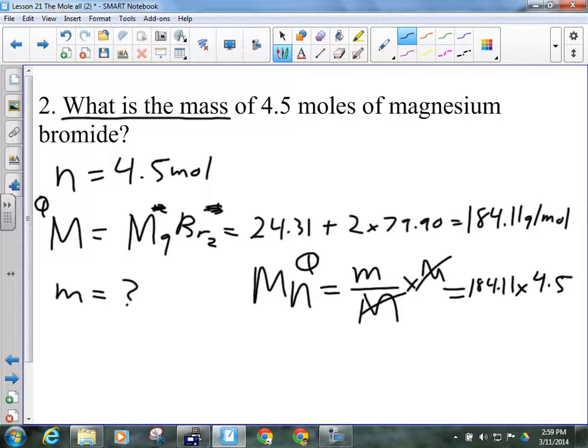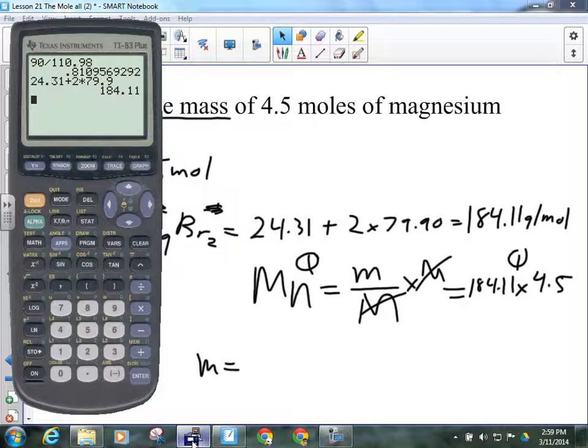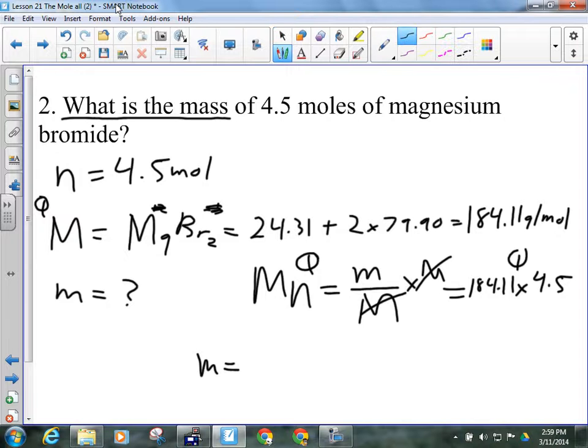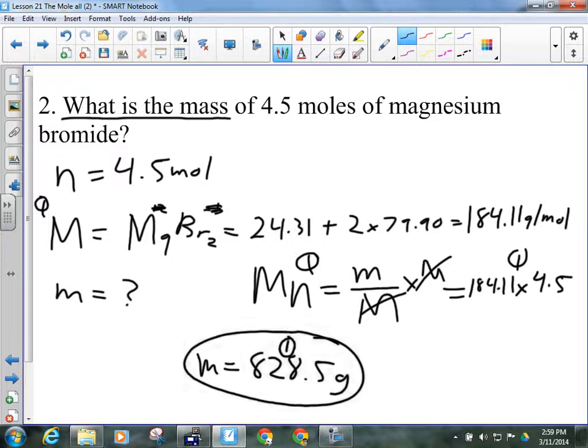That would be a mark. And then our final answer would be the product of those two things. So 184.11 times 4.5 is 828.5, we'll say 828.5 grams. So that would be a 4-mark question.